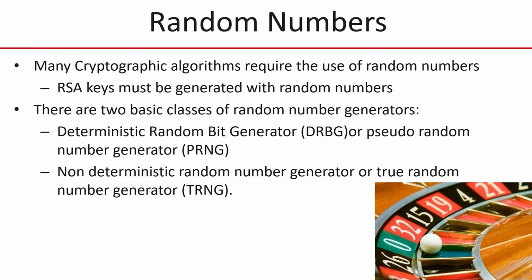This random data is often stretched into larger amounts of random data using an algorithm called a deterministic random bit generator. So this will take our true random data and then expand that to larger amounts of pseudo-random data.